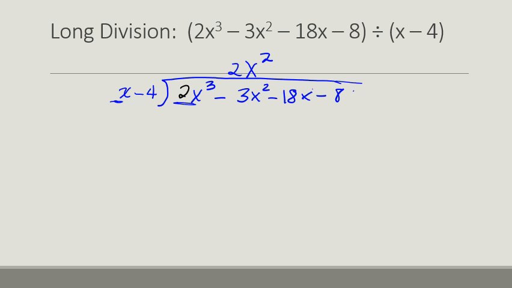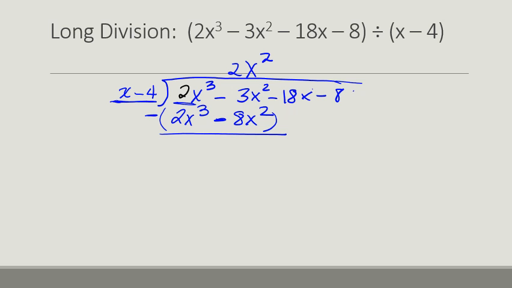2x squared. Then I take my 2x squared and multiply everything in the binomial by that 2x squared. So I'm going to get 2x cubed minus 8x squared. Okay. And then I subtract those two polynomials. So 2x cubed minus 2x cubed is 0.